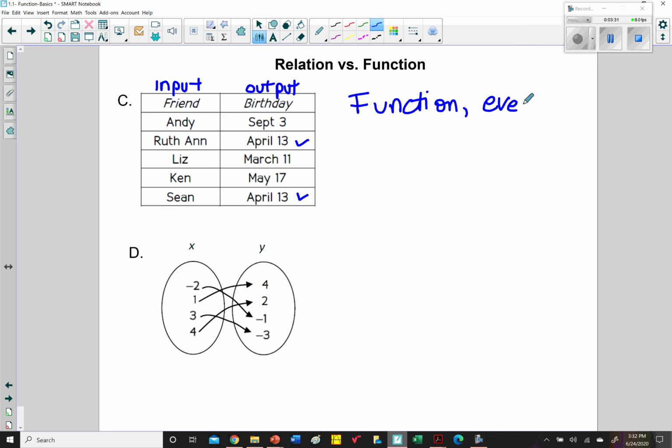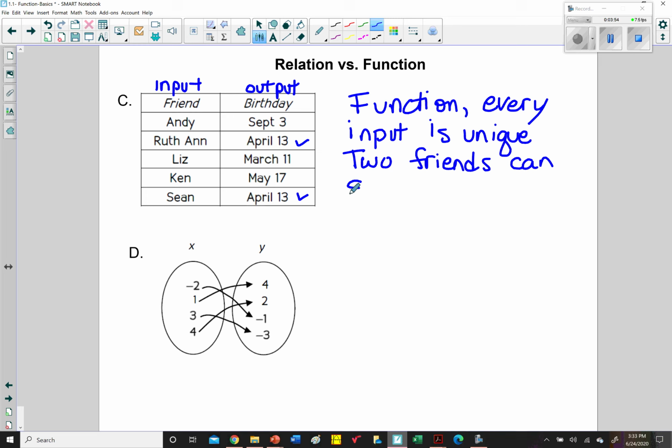And we would say something along the lines of every input is unique. It's okay for a function to have the same y value with different x values. So two friends can share a birthday. That would mean that their output is the same, but the input is a unique value.